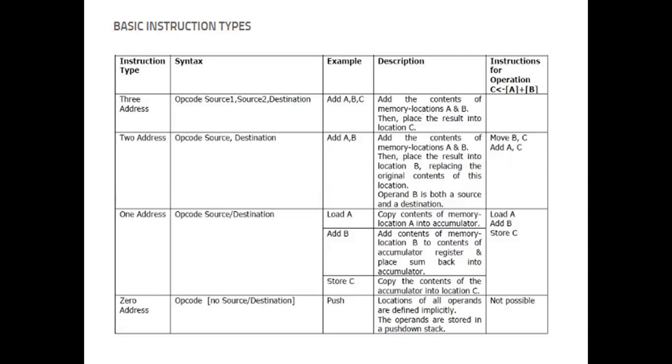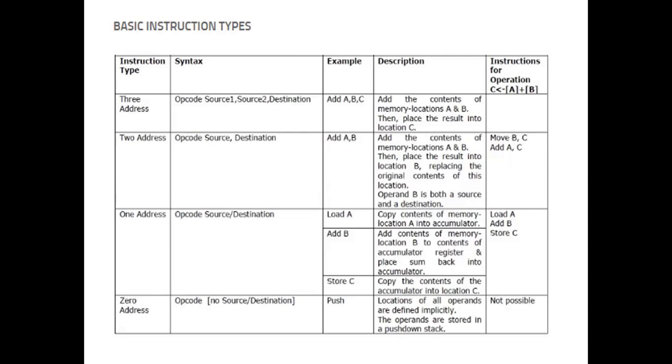An example for 3 address instructions: add a, b, c. Add is the opcode, a, b, c are operands. Here we also use registers, but I use a, b, c for understanding purposes.